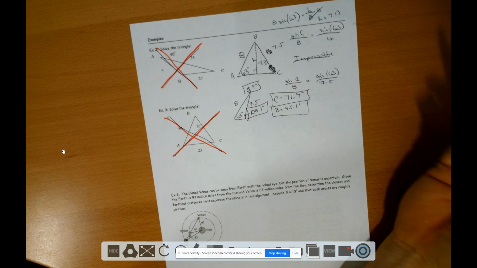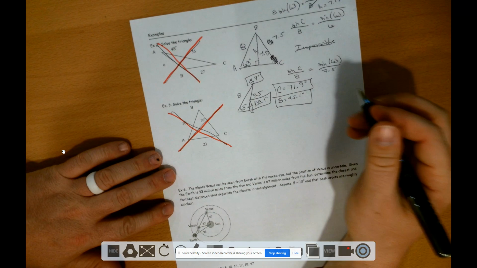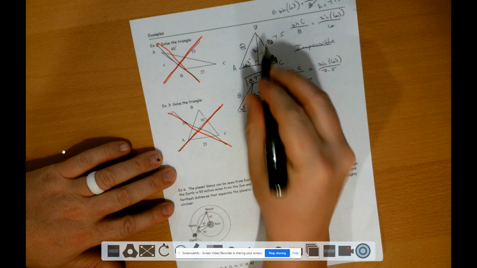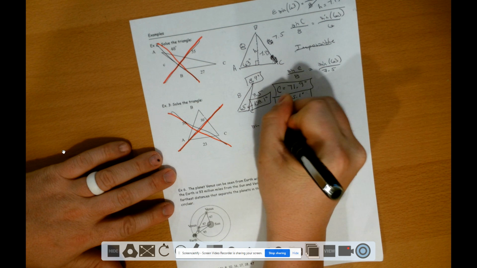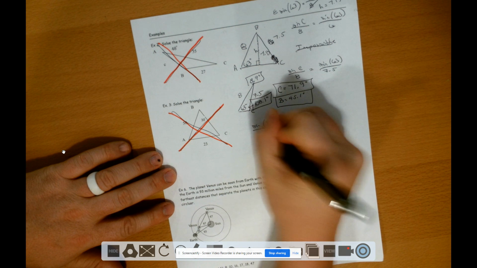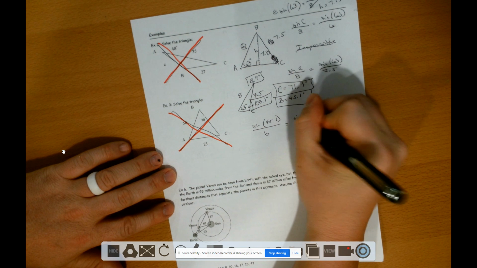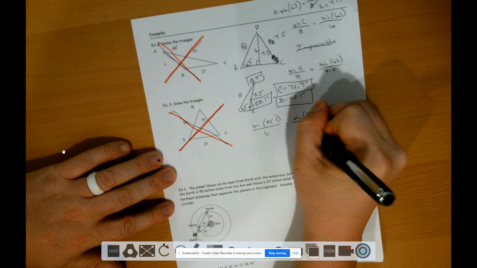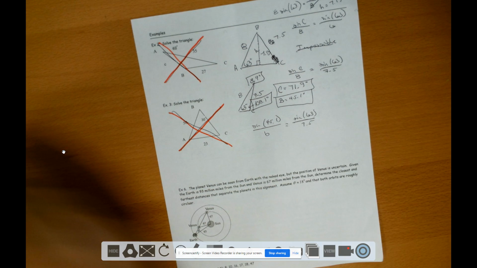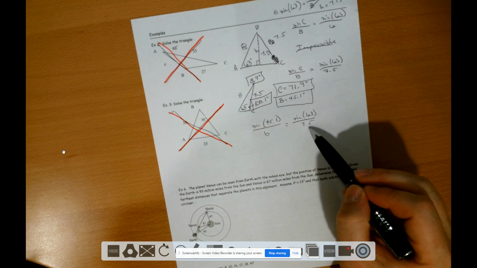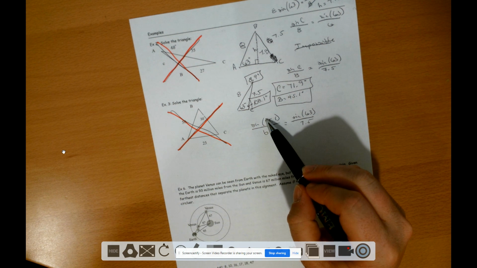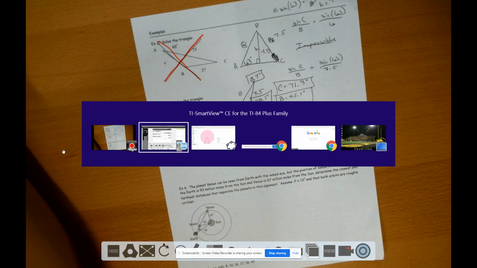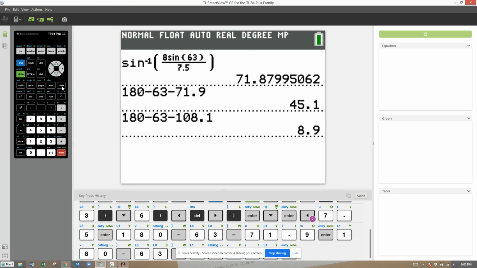The law of sines is typically very easy to use, so we know that in our top triangle, B was 45.1, so sine of 45.1 over side B is equal to sine of 63 over 7.5. Okay, so just a little cross multiplication, 7.5 times sine of 45.1, and then I'm going to divide by sine of 63, and it'll give me B. Clear my screen.